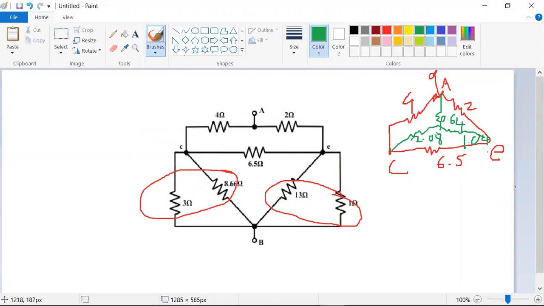Now what I'm going to do is insert this green part, meaning this star part, into the circuit. Then my circuit will look like this. Let me erase this.